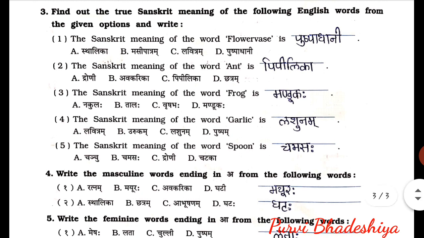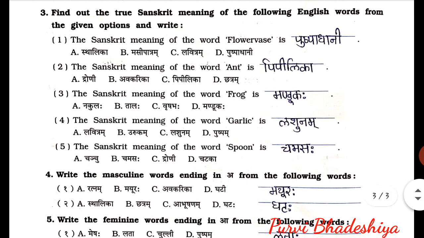First one, the Sanskrit meaning of the word flower vase is, so the answer is D, Pushpadhani. Second one, the Sanskrit meaning of the word ant is C, Pipilika. Third, the Sanskrit meaning of the word frog is D, Mandukah.